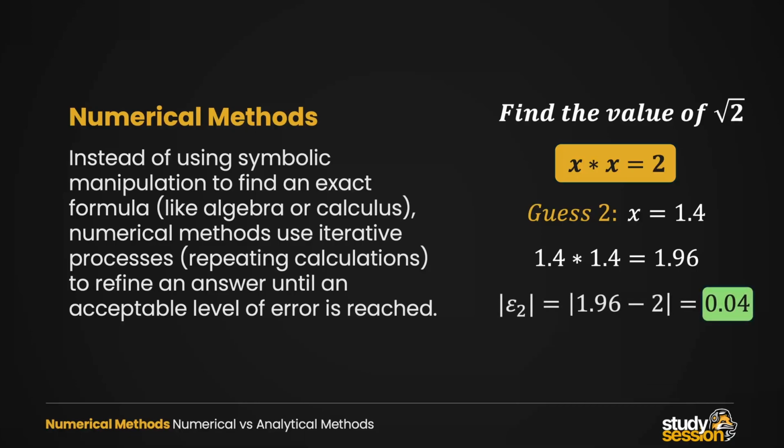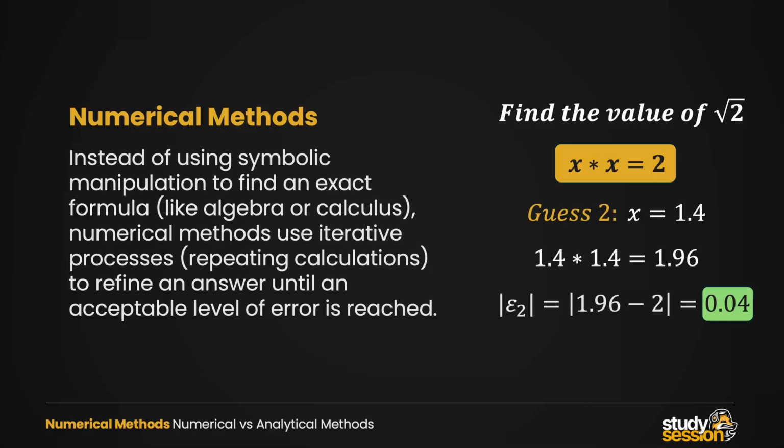We're much closer this time, and if we check the error, we are left with 0.04. For this purpose, let's deem this as acceptable, but this is the essence of a numerical method. We traded a symbolic operation for a sequence of simple arithmetic steps, multiplication and subtraction, that got us closer and closer to the truth.